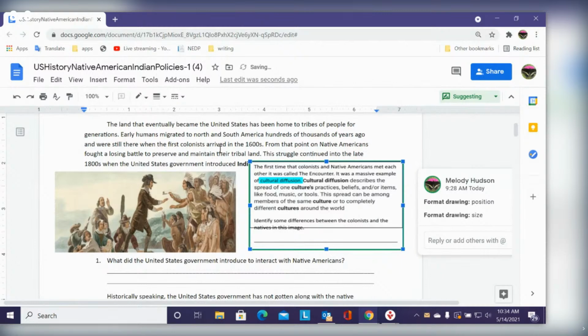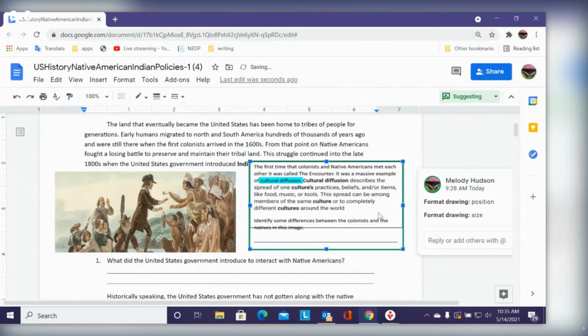So we're not referring to Columbus. Okay. So that was called the encounter, and it was a massive example of cultural diffusion, which describes the spread of one culture's practices, beliefs, and or items like food, music, or tools. And this can be among members of the same culture or to completely different cultures around the world.